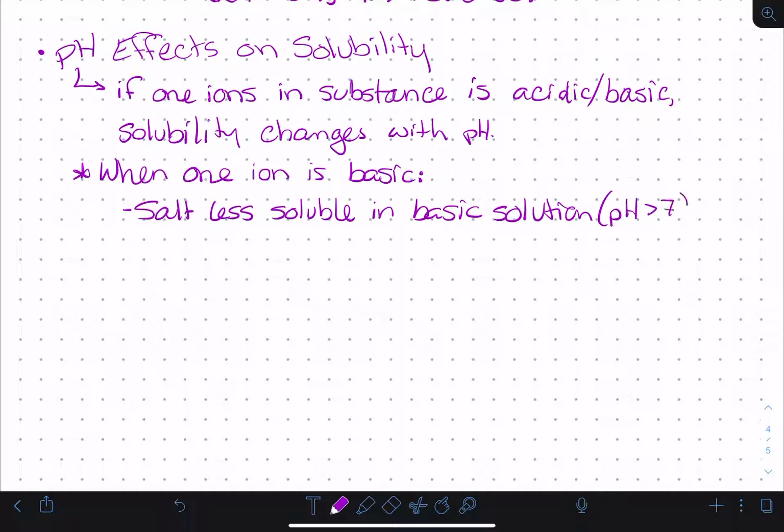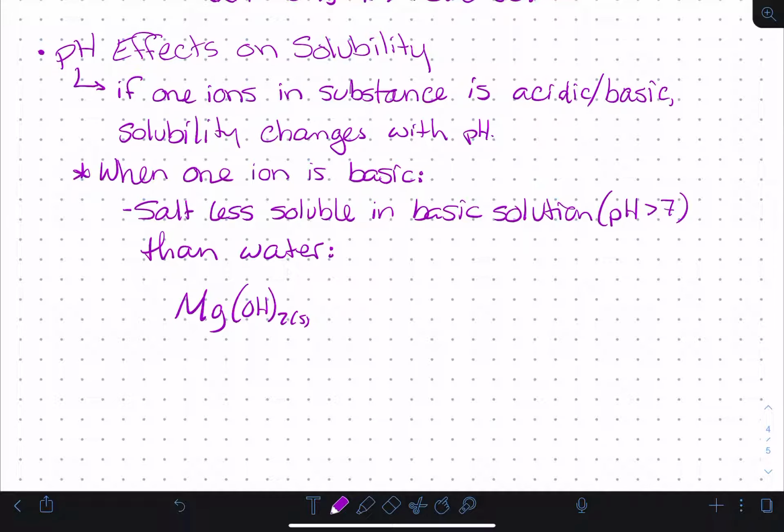So remember that basic solution is high pH, so greater than 7 if we're at 25 degrees Celsius. And the reasoning for this can be explained by Le Chatelier's principle.